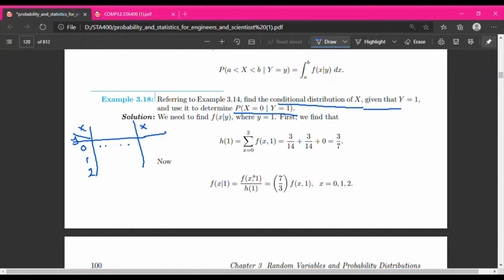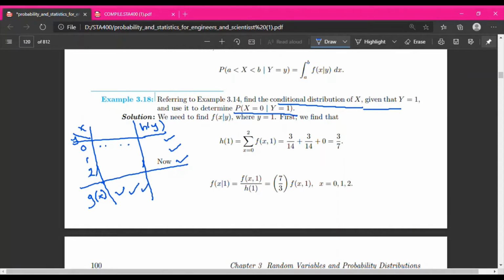So the total of this will be, here is y, not x, because we total the y. So here will be h(y), here will be g(x). So the total of this will be 1. So this is the marginal distribution for y, and here is the marginal distribution for x.